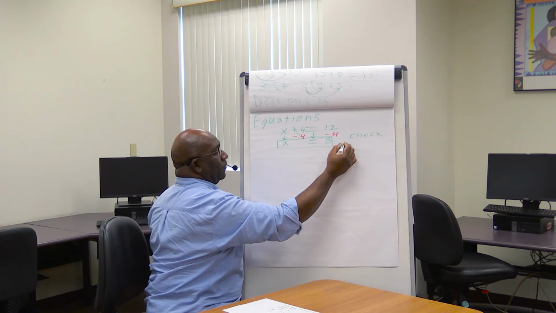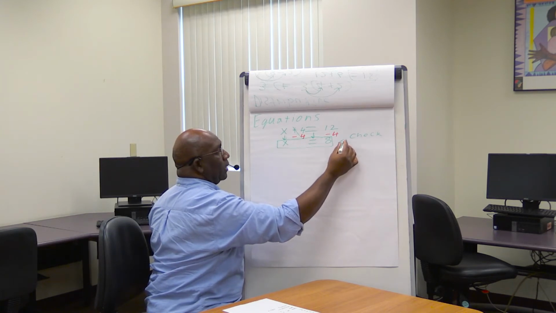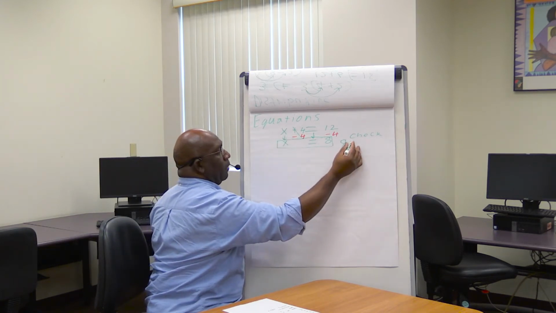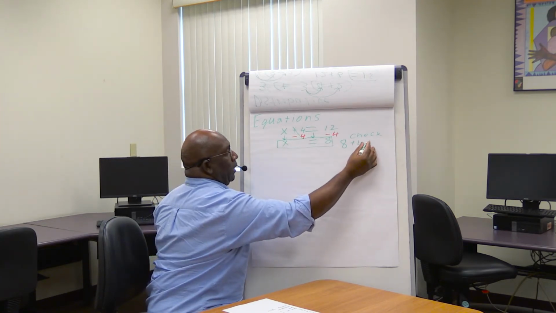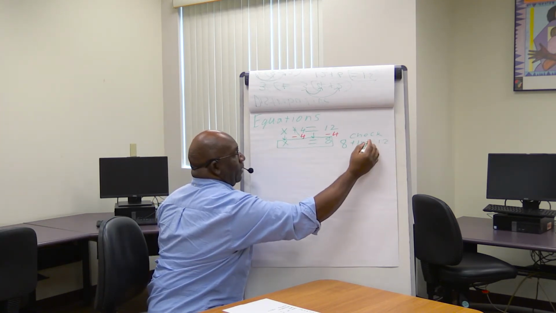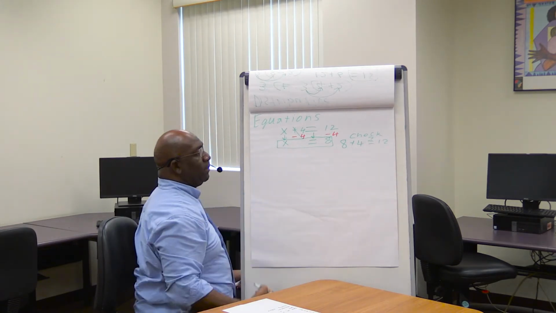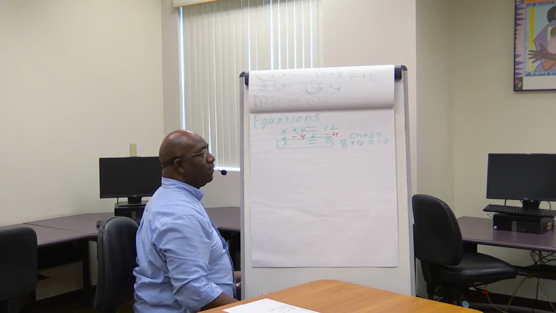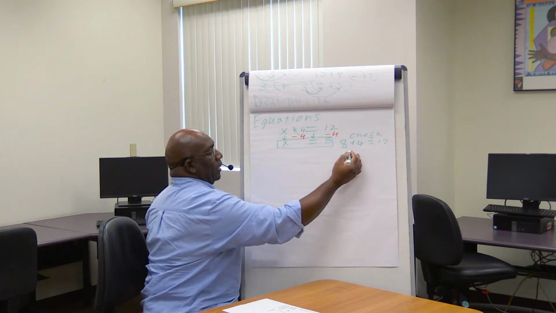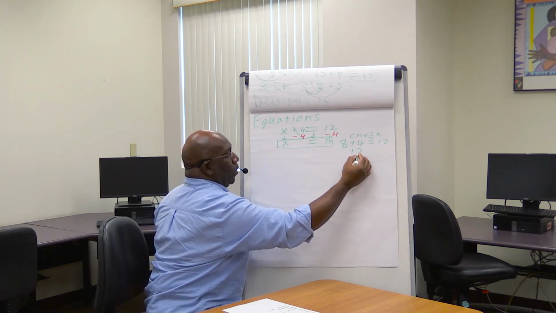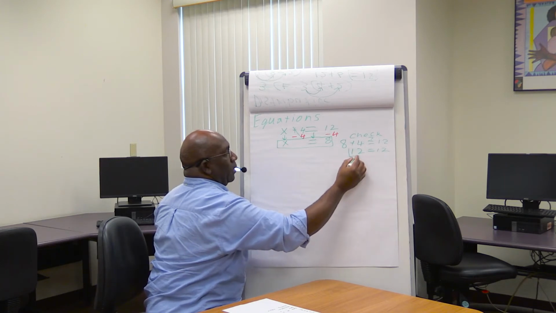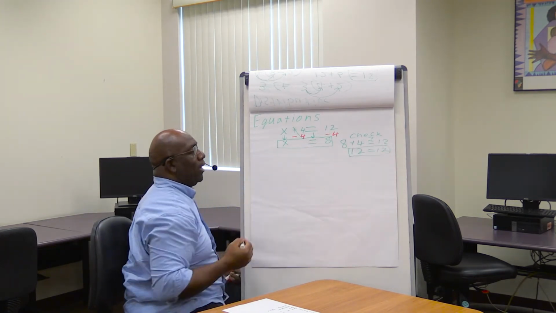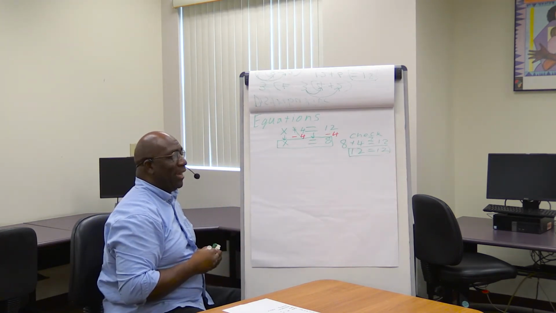And so that gives me 8 plus 4 equals 12. Is that a true statement? Is 8 plus 4 equal to 12? Yes, 8 plus 4 is 12. Is 12 equal to 12? That's how I check my answers.